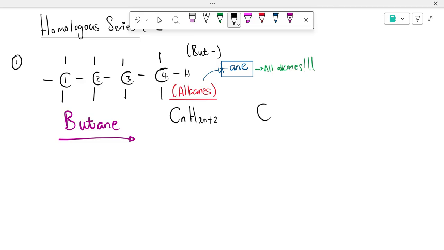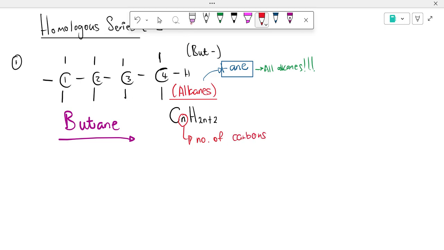Please don't write it any other way. That is wrong. These are all subscripts. Now, what is the value of n, you ask? The value of n is basically telling us the number of carbons, nothing much.